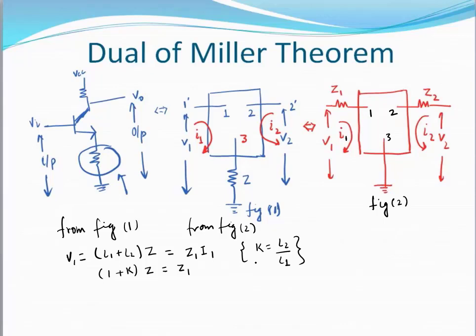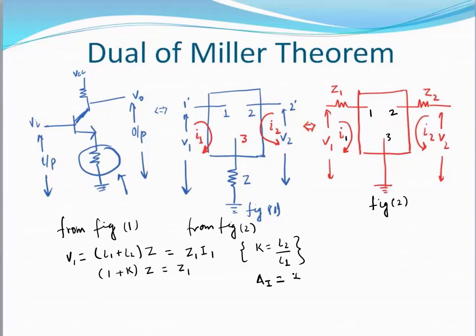Since both currents are entering inside, if we convert this into the current gain, the current gain AI is I naught by I1.